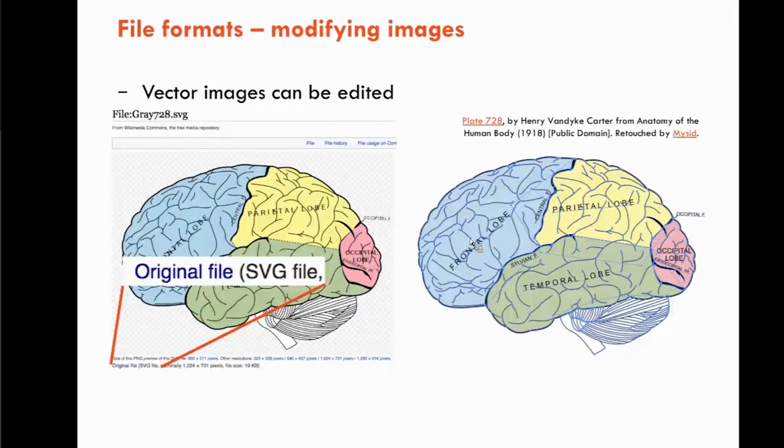I can then go and change it, and so change the colors, highlight different regions, change the text, all of that can be done. So a really good thing to look out for if you're wanting to modify an existing drawing that you found. So good things to look for here are PDF or SVG file extensions.